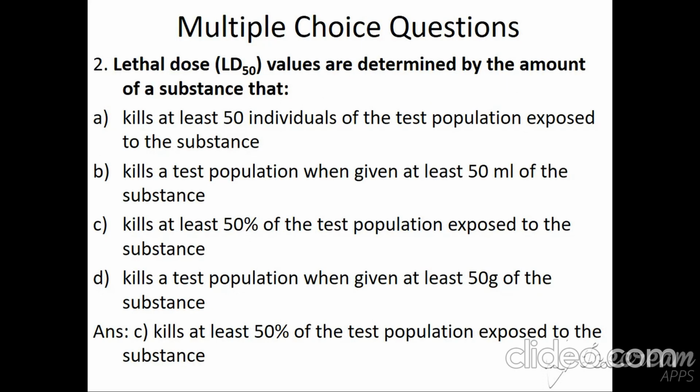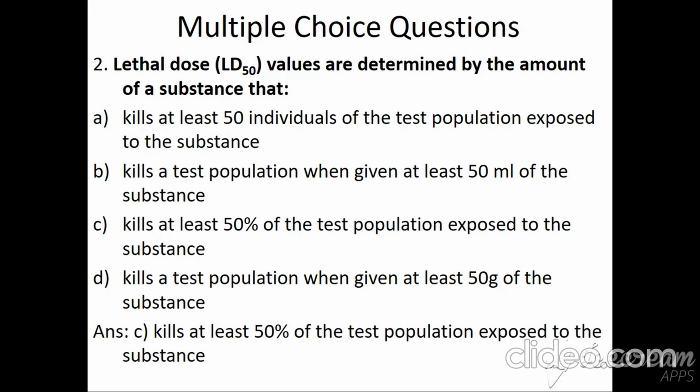Lethal dose 50 values are determined by the amount of substance that kills at least 50 individuals of the test population exposed to the substance, kills the test population when given at least 50 ml of this substance, kills at least 50% of the test population exposed to the substance, or kills the test population when given at least 50 gram of substance.